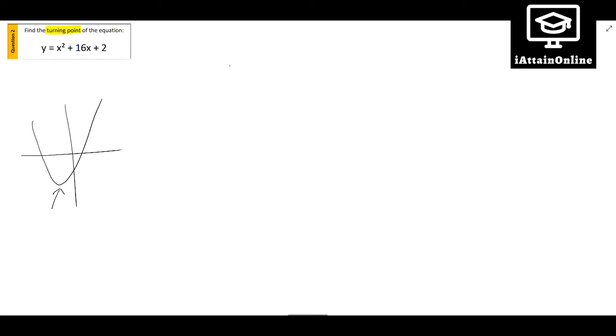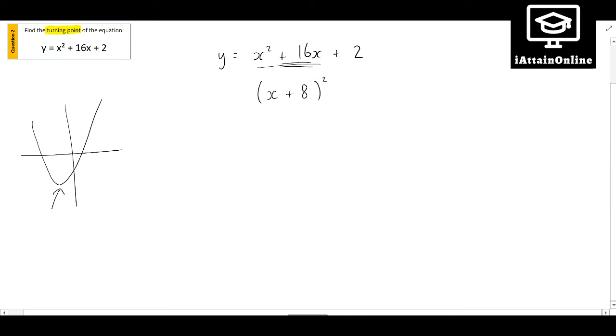So the way we're going to do that is I'm just going to write out the equation again. y equals x squared plus 16x plus 2. We're going to complete the square for this bit here. So remember, in my bracket, we're going to write x, half the coefficient, include the sign, but half the coefficient of the x. So that becomes plus 8 squared.